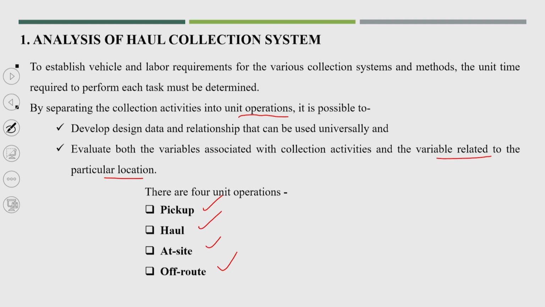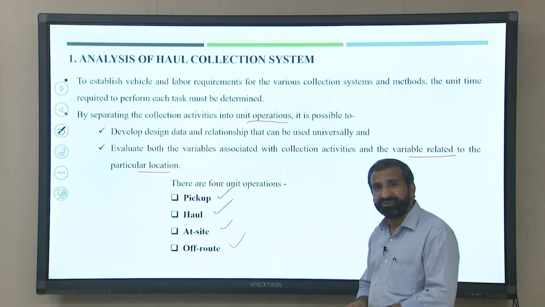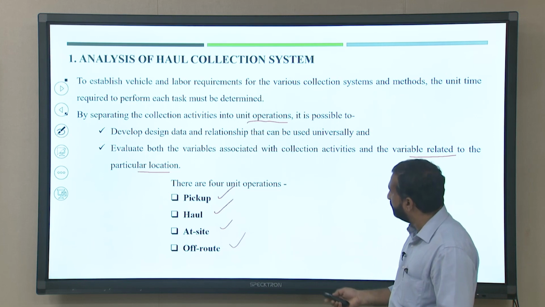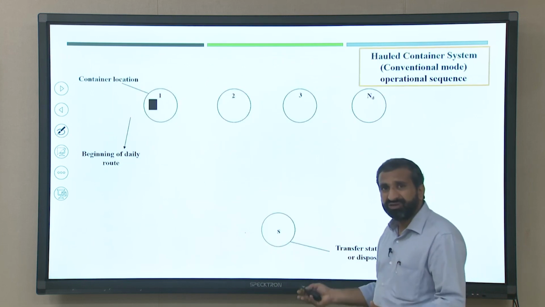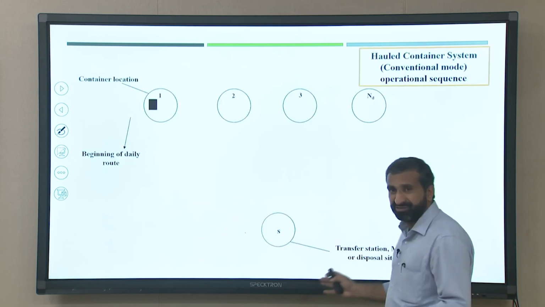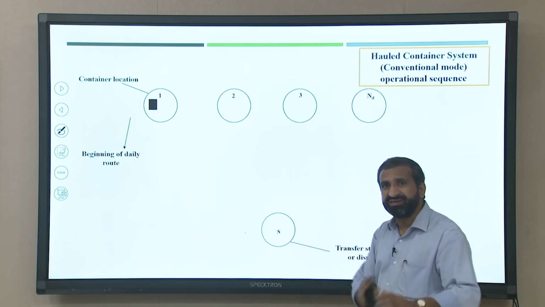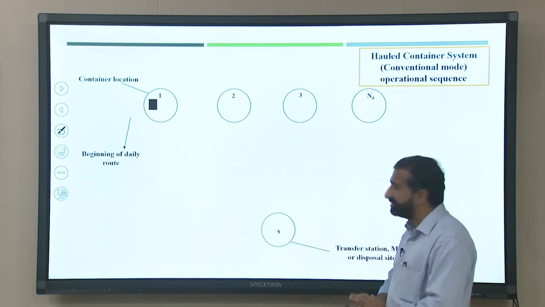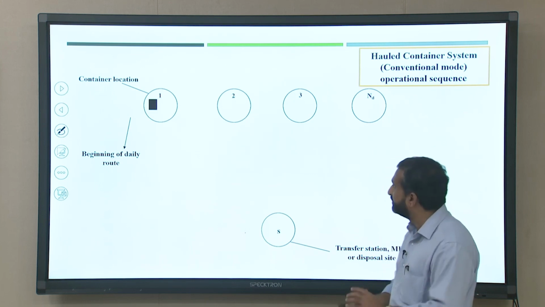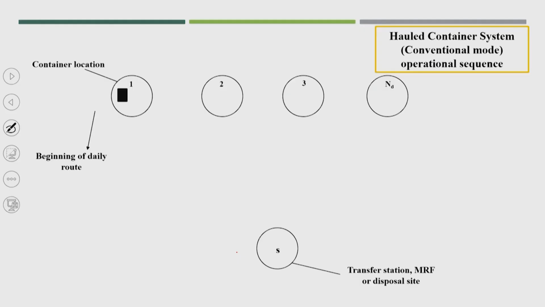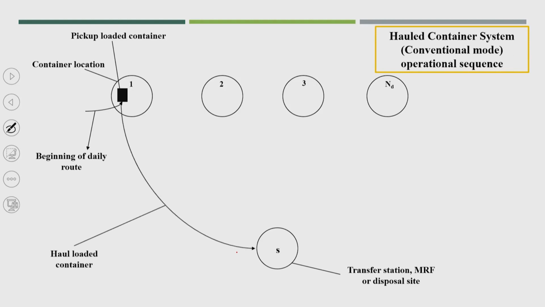Before going to the different unit operations, I just want to show one more time how this haul container system works, which I already showed in the first lecture on collection systems. At the beginning of the daily route from the dispatch center, the vehicle goes to the first location, picks up the loaded container, and travels to the transfer station, recycling facility or disposal site.